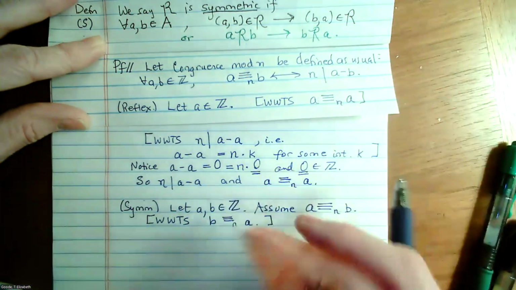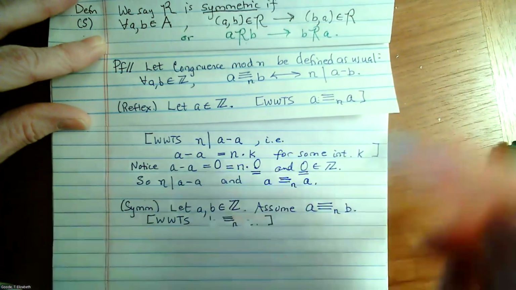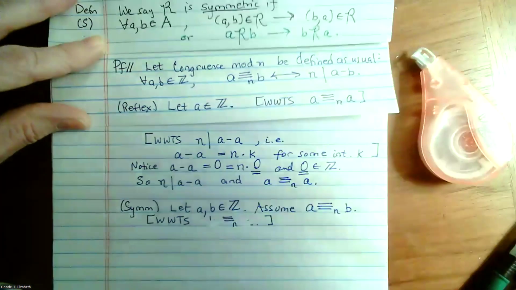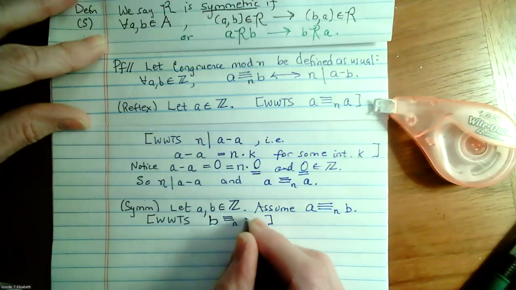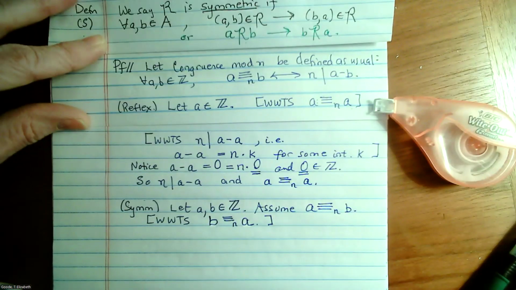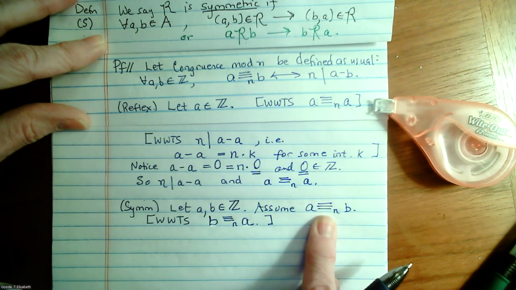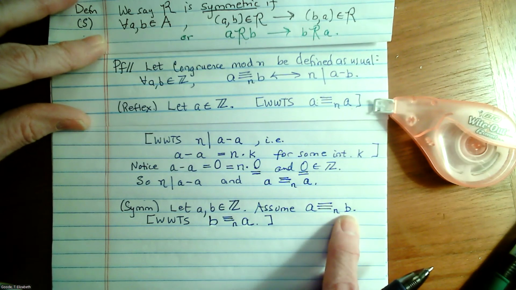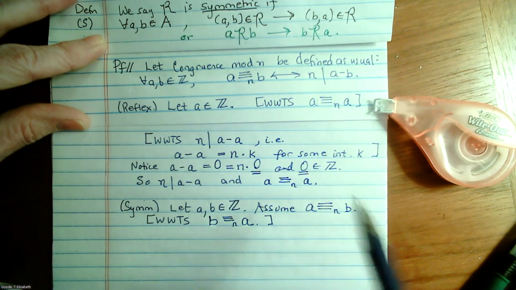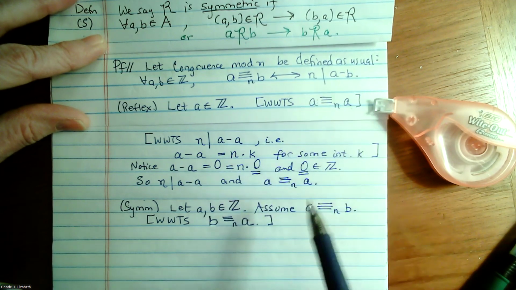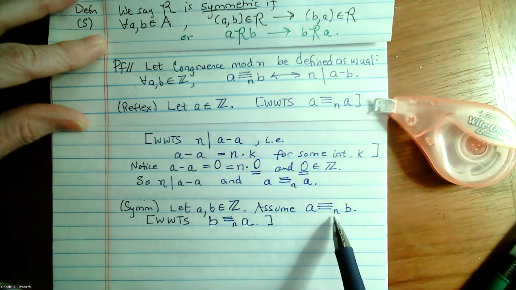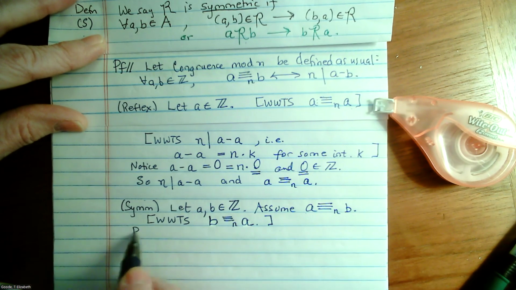So let's think about what that's going to look like. I want to make these a little bigger. Let's think about what this definition tells us. a is congruent mod n to b. So the definition of congruence mod n says that n divides a minus b. That's what it means to say a is congruent mod n to b.